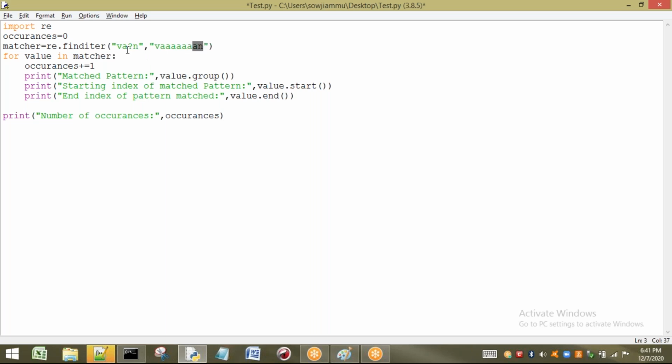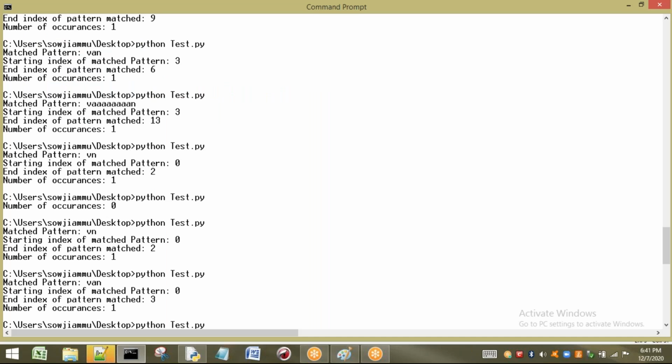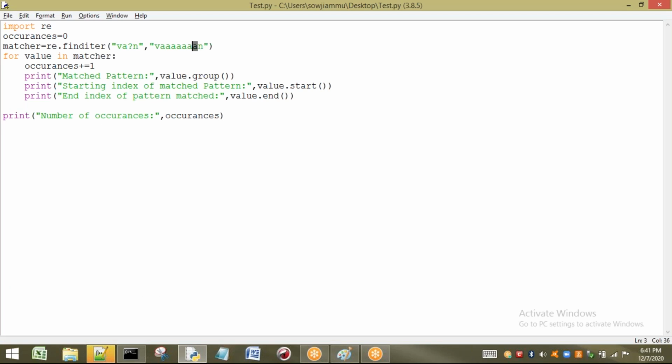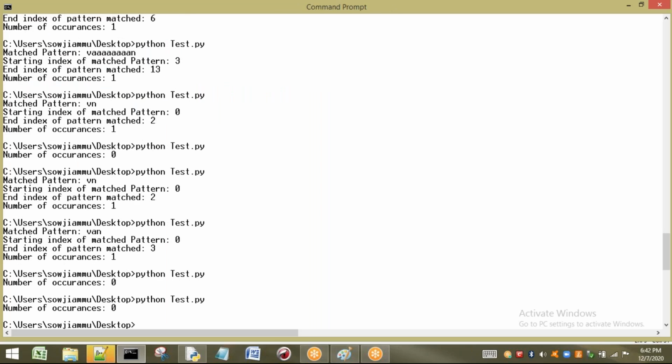So for VA?N, no match is found, and the number of occurrences is 0. Next, same example I will take, VAIN also. Directly you can say no match, because after A, N compulsorily should be there. So we got the number of occurrences as 0. Right. This is a small example of your question mark metacharacter.